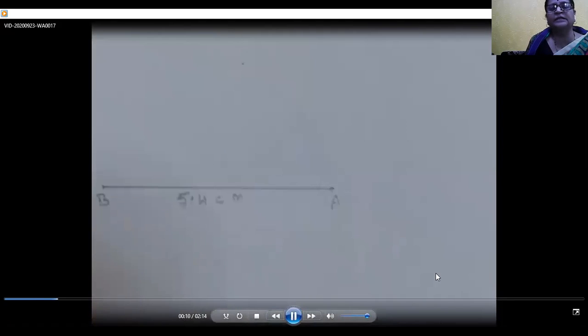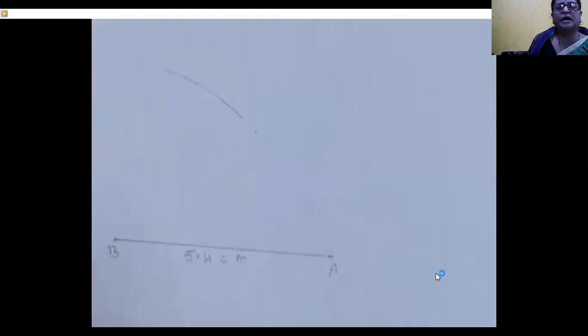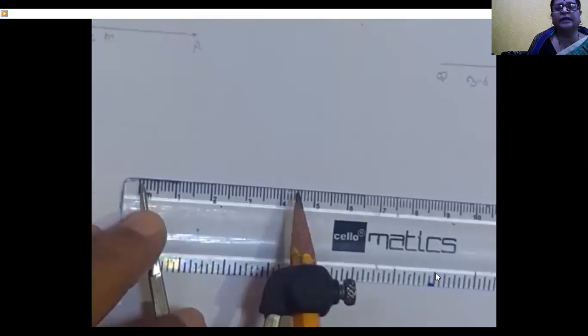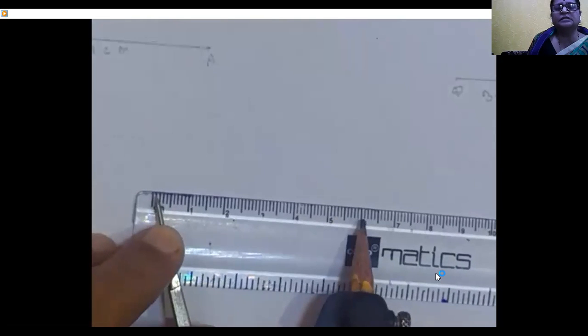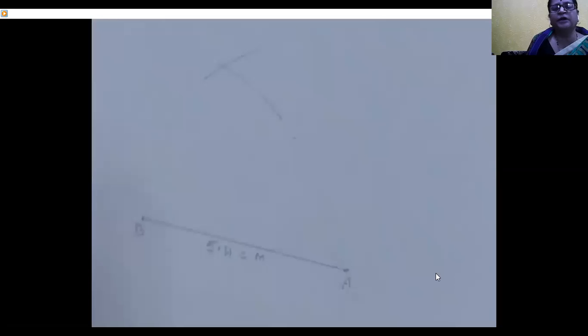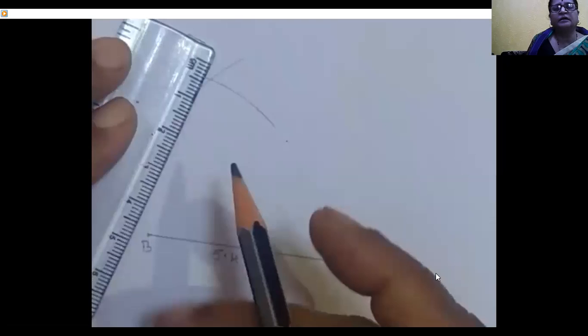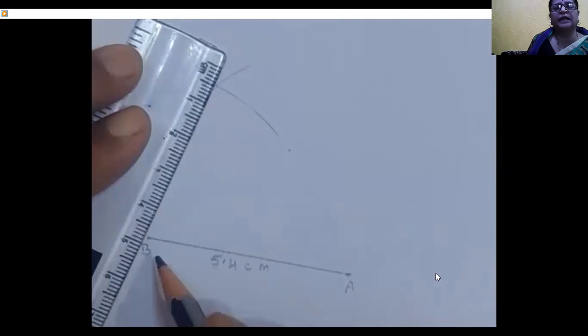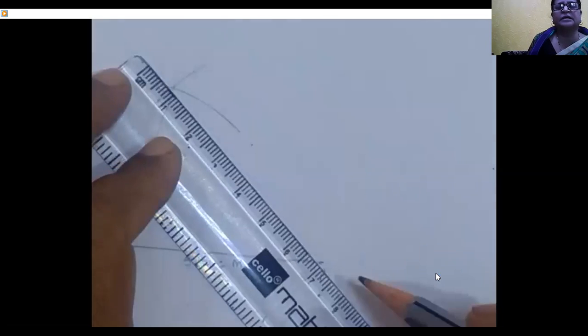A line is drawn, and then the BC distance we take in the compass and draw an arc, and then AC's distance, 6 centimeter, we take in the compass and intersect the arc. This intersection point we join with C to B, and here we draw the lines of the triangle. One is BC and another is AC.